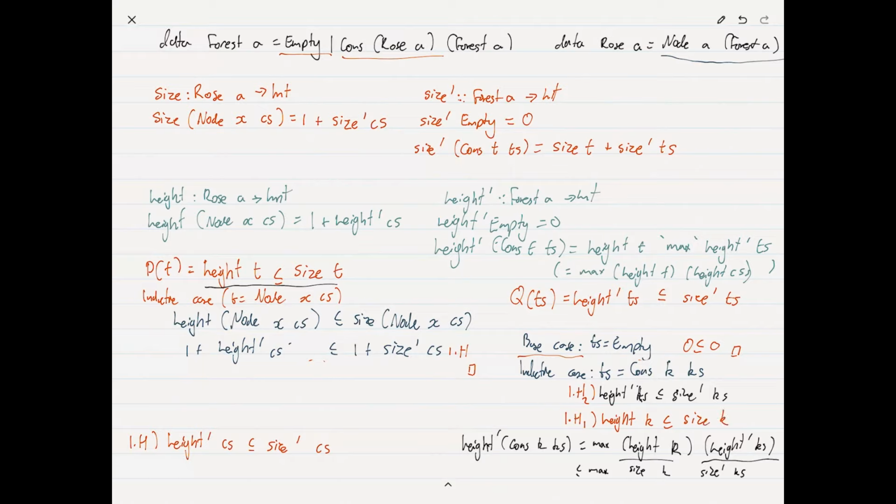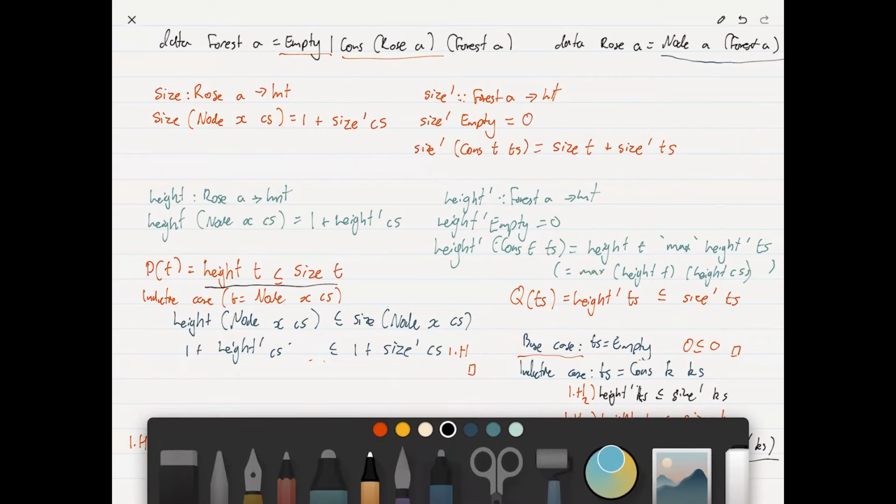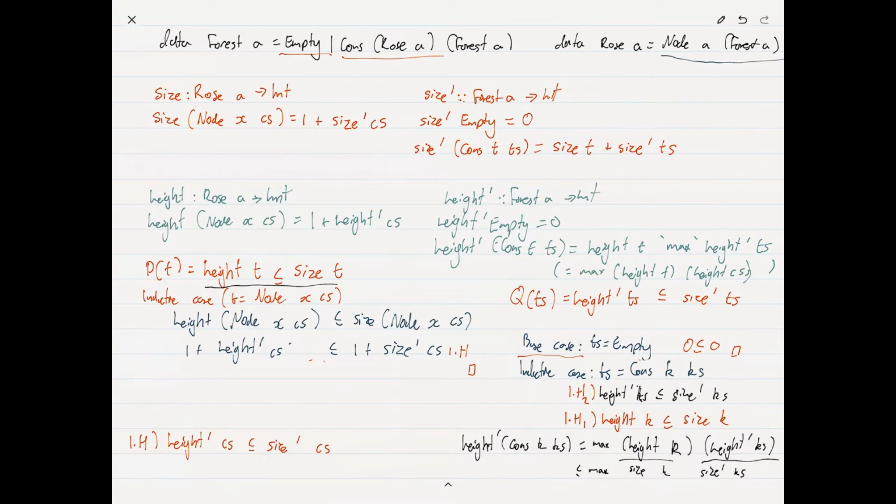And by the same sort of weird maximum logic that we did before in the previous proof, we have now gotten to this condition here, the bottom line here, using our inductive hypothesis, and we can complete the proof now because we know that maximum is always smaller than or equal to the sum of two numbers.